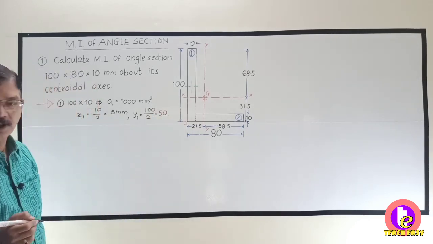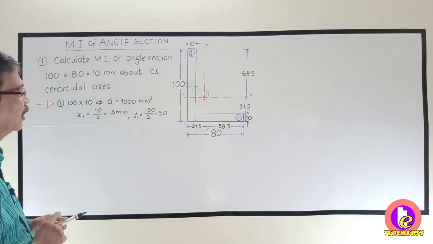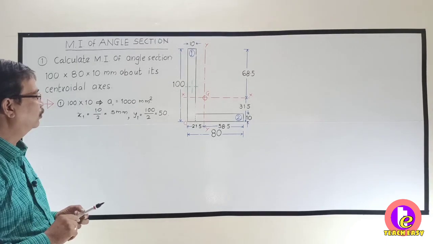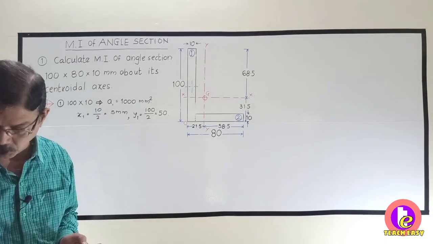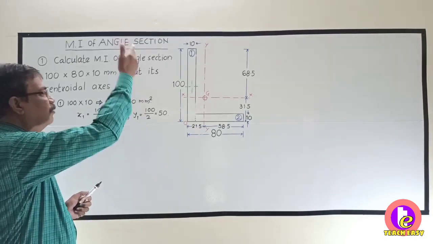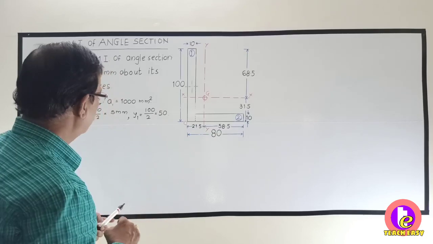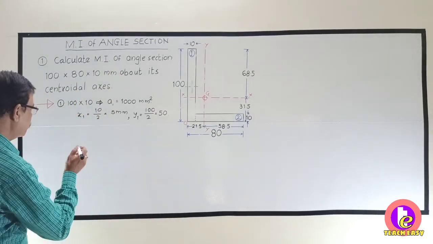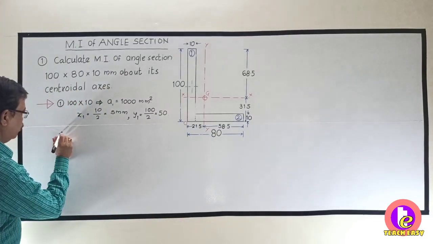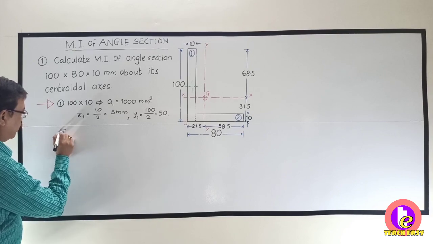Do you understand this? A1 is area of first part, x1 is distance of centroid of the first part from y-axis, y1 is distance of centroid of the first part from x-axis. Similarly, we will go for the second part.